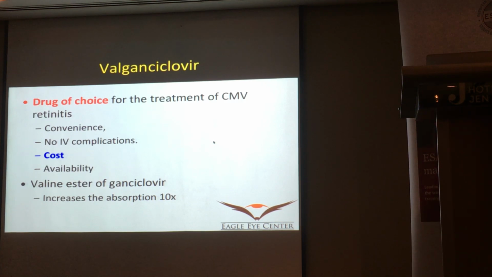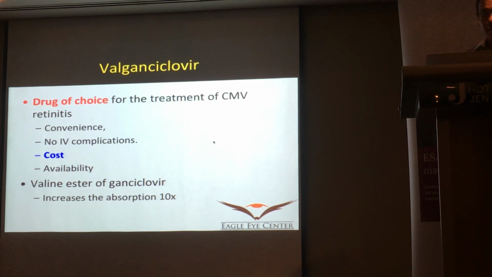Cost is, however, the major limiting factor. It's ridiculously expensive, and until they come up with something cheaper, that remains the main hurdle, and of course availability of the drug in some places.